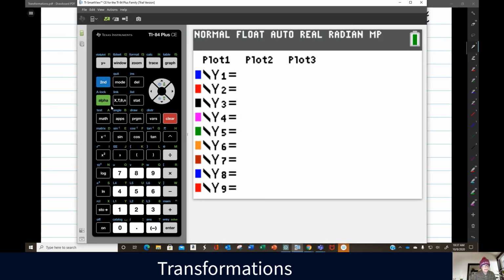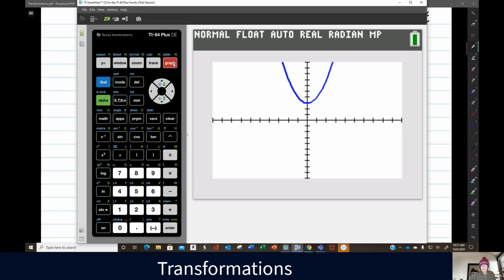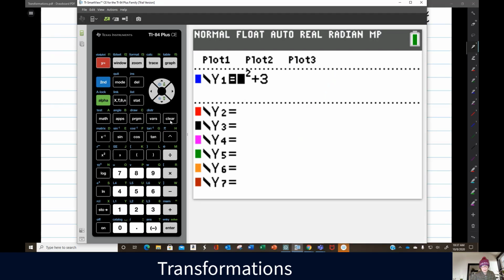Let's graph. How about this? X squared plus 3. That's what I wrote. X squared plus 3. Graph it. There you go. Now, a better way to do this, and I should have done it that way. Clear. I am going to let y equals x squared be in the home position, and it's going to be blue.